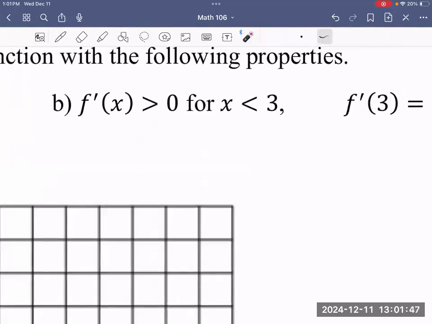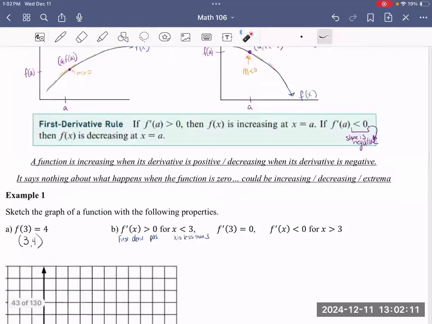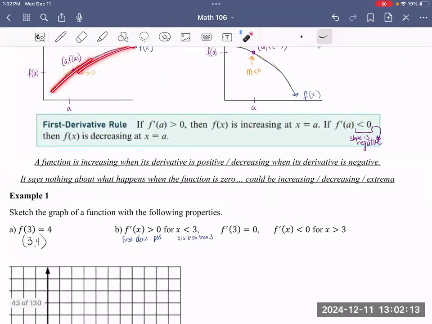Then it says your first derivative is greater than 0, which is positive, for when x is less than 3. And we said if your first derivative is positive, we are going to be increasing. Your original graph, that in blue, is going to be increasing.